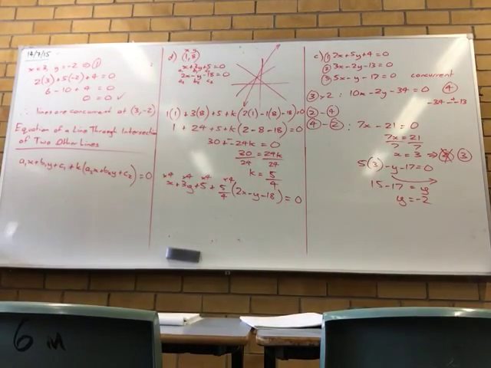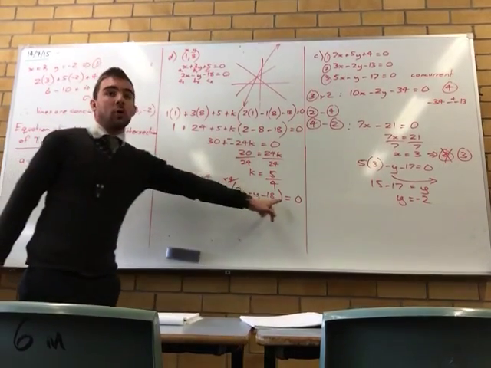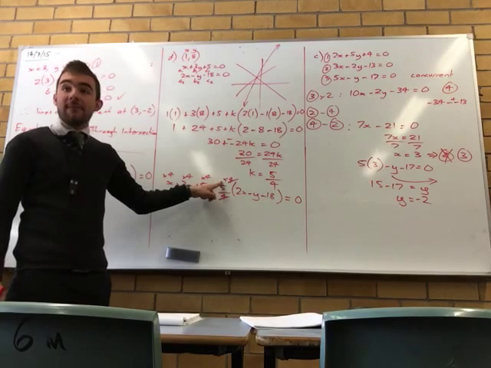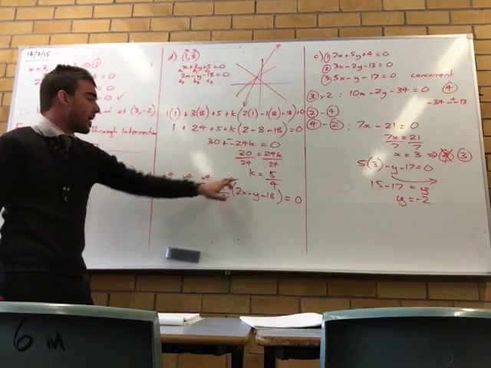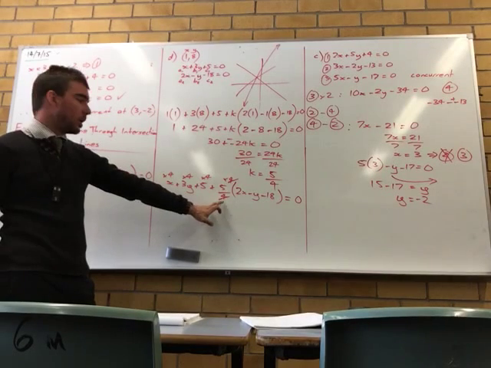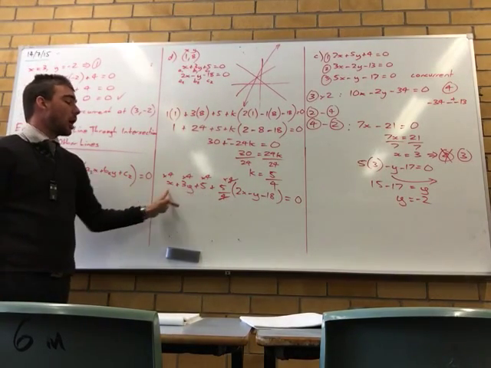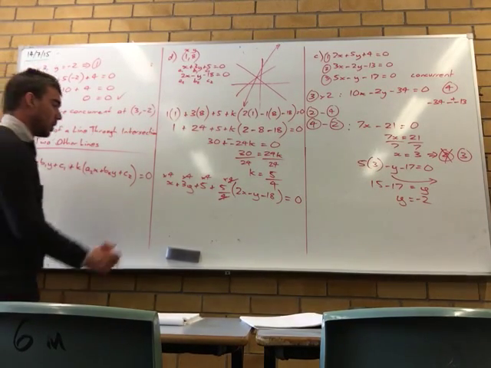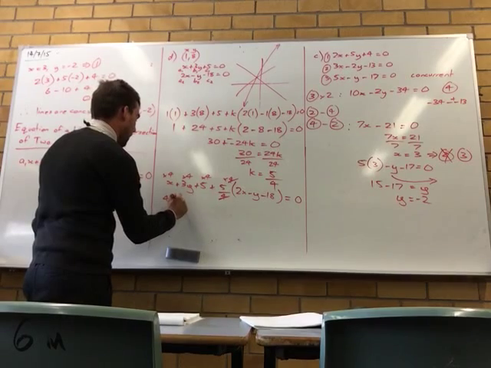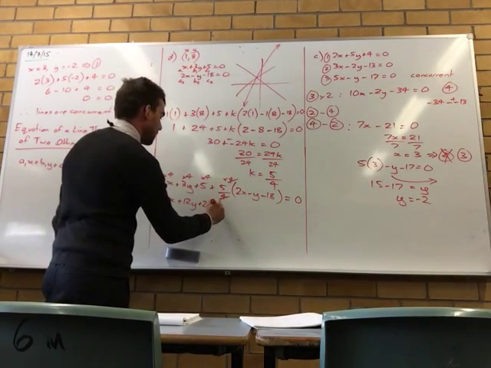Get rid of the fraction. So you don't need to times everything in here by 4 because I've already got a factor of 4 out the front, and that cancels with the denominator here. However, for the first 3 terms, I do need to multiply everything by 4. So, 4x plus 12y plus 20.